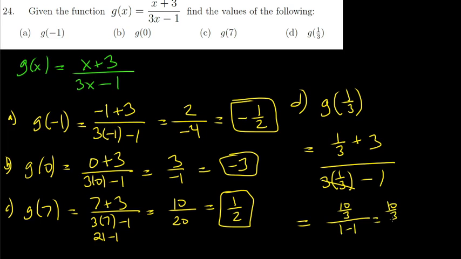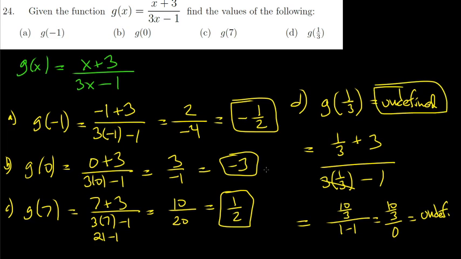So we get 10 over 3 divided by 0, but that's not a number, right? That's undefined. So g of 1/3 is undefined. There's no answer there. And the reason is because, well, what's the restricted value? When is 3x minus 1 equal to 0?